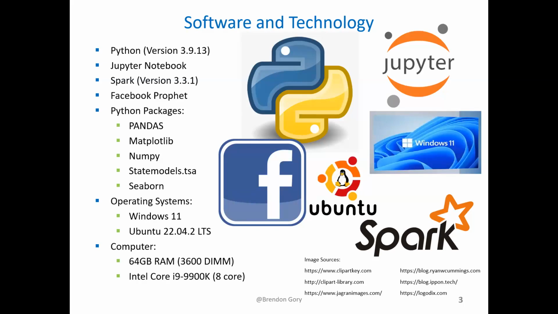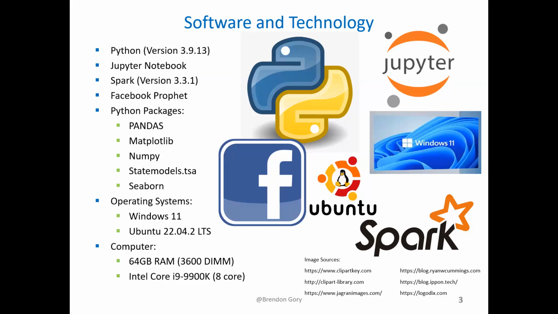The software we're going to be using: all the code will be written in Python. The examples you'll see will be in Jupyter Notebooks, running on top of the Spark infrastructure. We're going to download Facebook Prophet as one of the packages and APIs we're going to use for time series analysis.